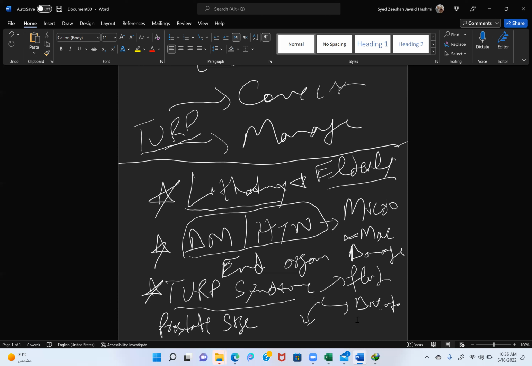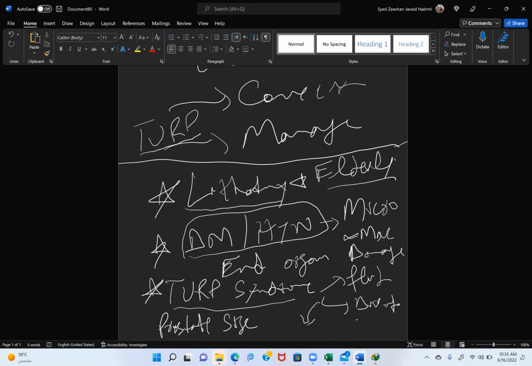Now, what are the things in this case? What are the things related to the airway? You can say that the airway problems in this patient will be: elderly patient, edentulous, difficult mask ventilation, and because of diabetes, difficulty in laryngoscopy because of glycosylation of joints.